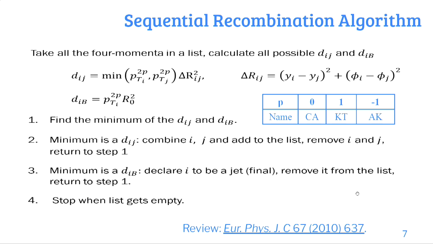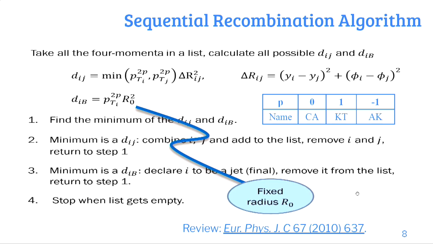Importantly, apart from an integer parameter p, there is this R naught parameter, which typically sets the radius of the jet. So this particular method we call the fixed radius algorithm, where the typical size of the jet is fixed by the radius R naught.